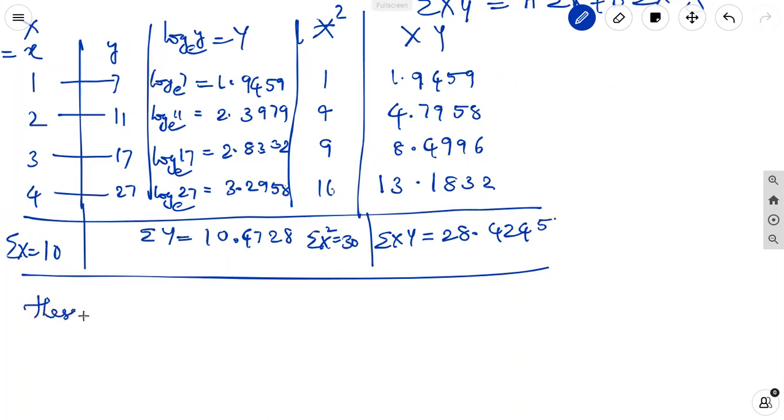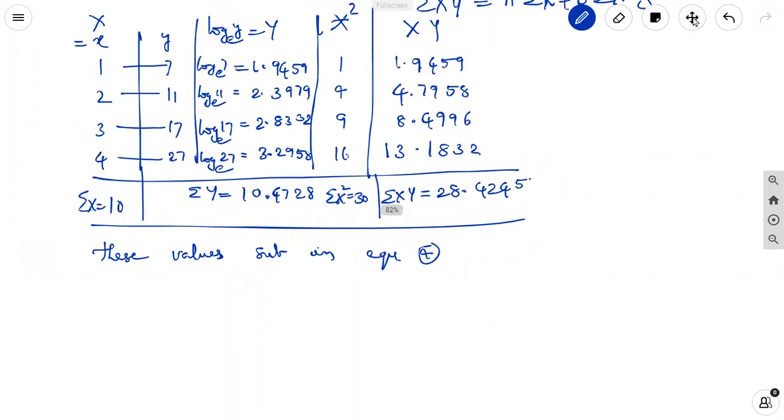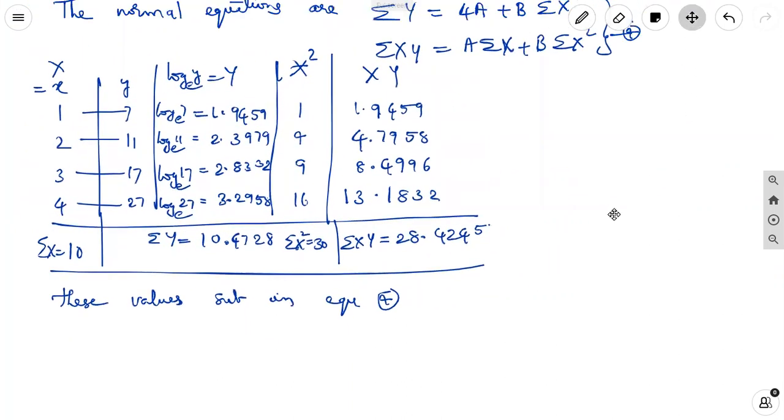These values we substitute in equation 4. So sigma Y value is 10.4728 equal to 4A plus sigma X, which is 10, 10B.